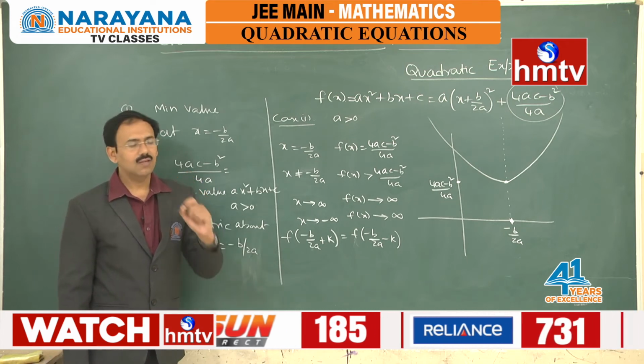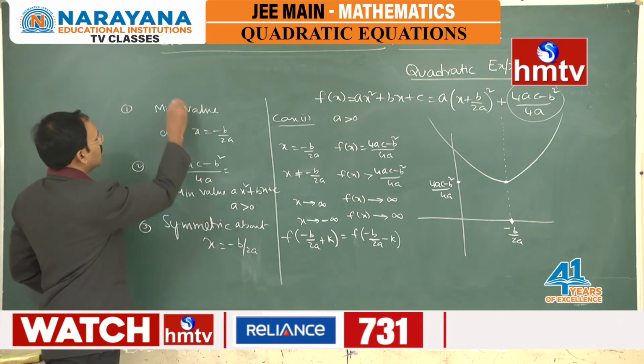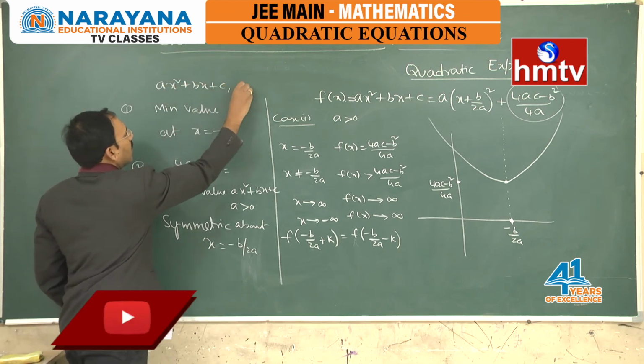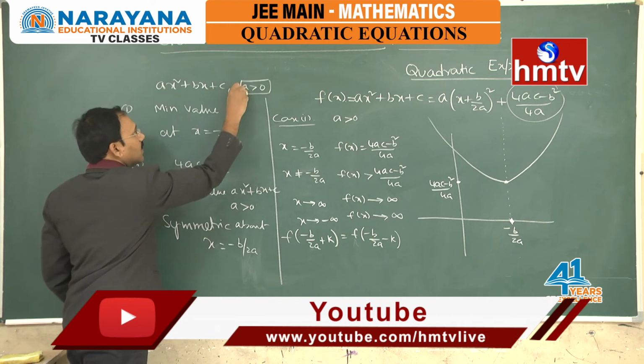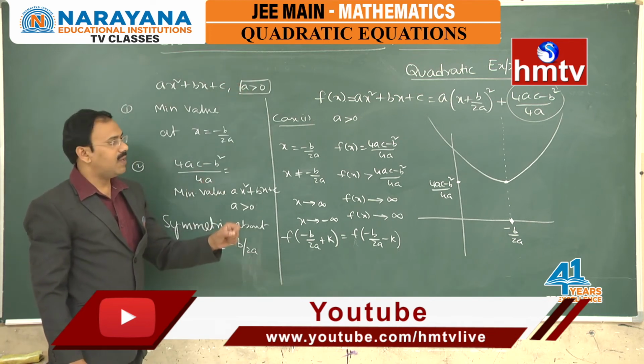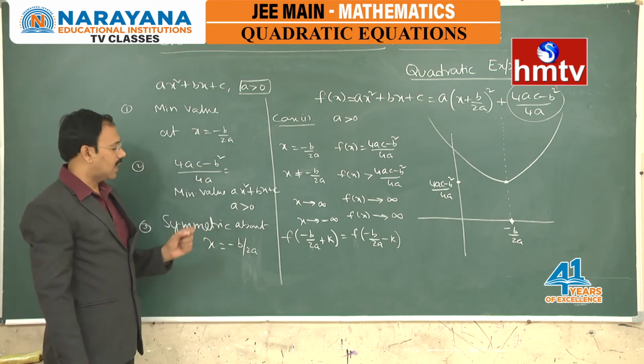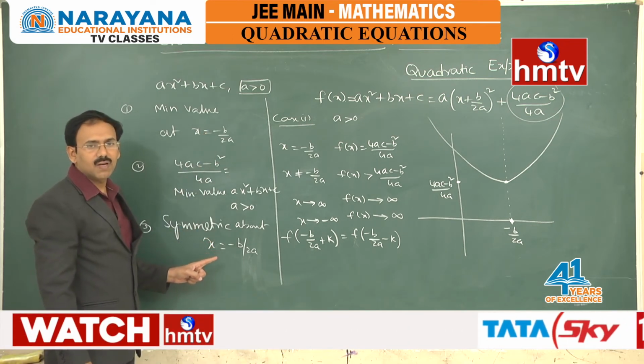Let me repeat. For the quadratic expression ax² + bx + c, where a is positive, the graph will be an upper parabola. It will be symmetric about the line x = −b/2a.